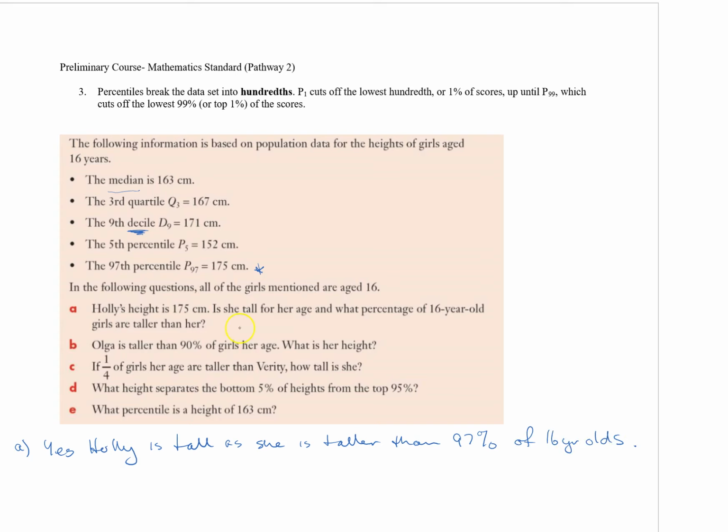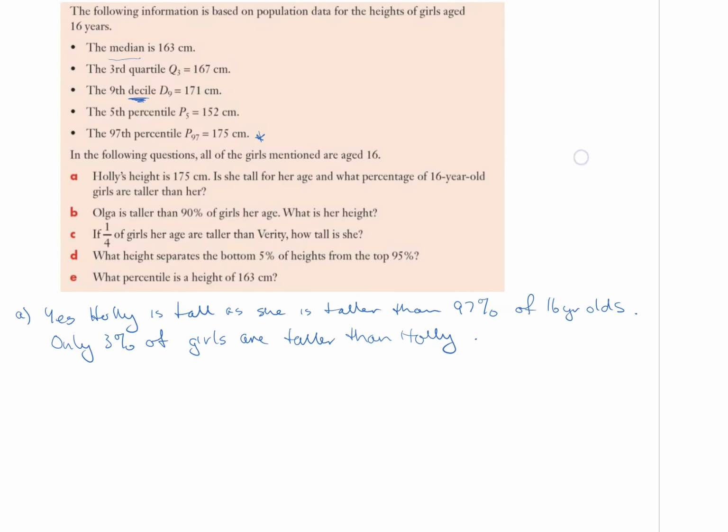And what percentage of 16-year-old girls are taller than her? Only 3% of girls are taller than Holly. B. Olga is taller than 90% of girls her age.